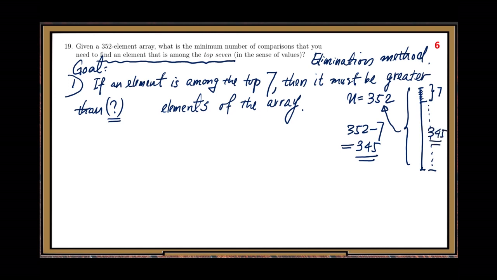Then the question mark is known: the element in the top 7 must be greater than 345 elements. That's the only condition we need to make the solution element satisfy. That's step one.